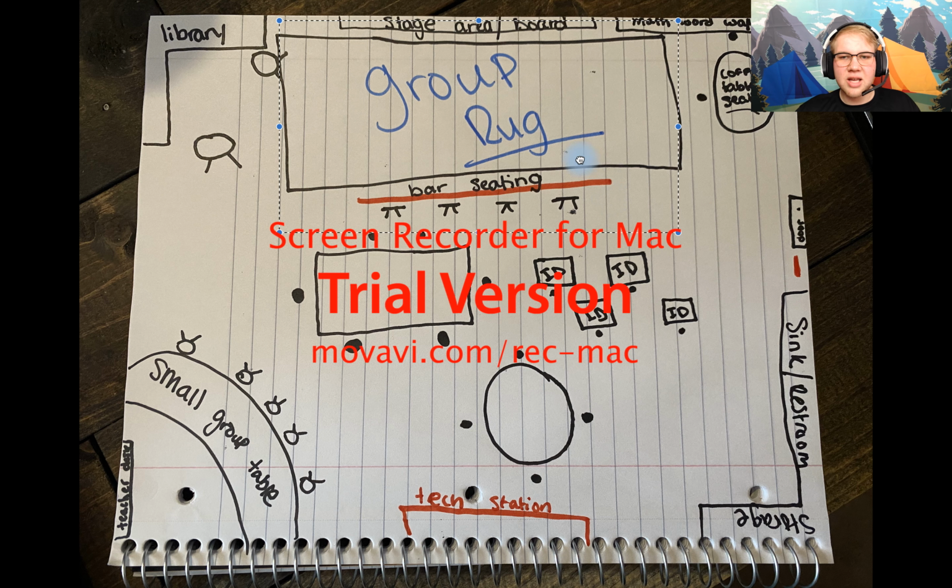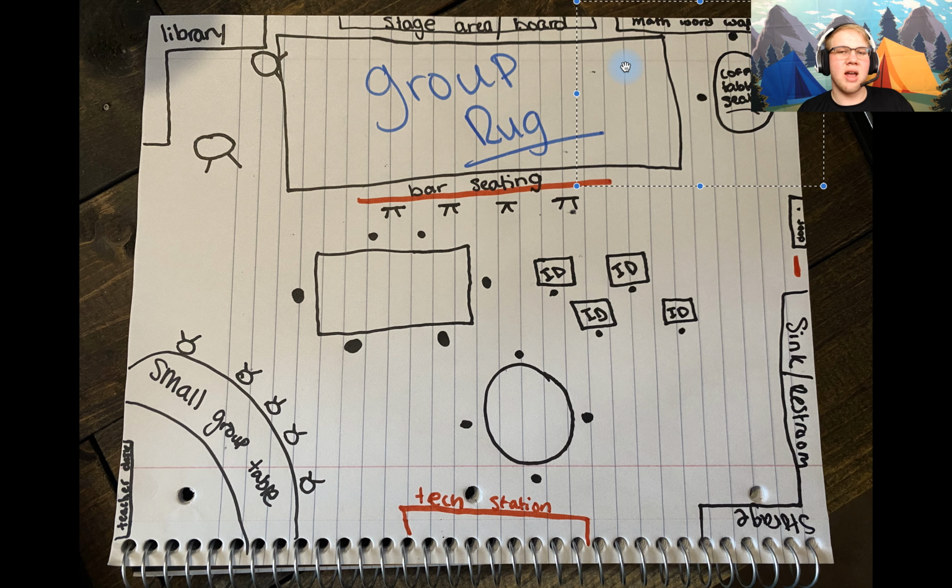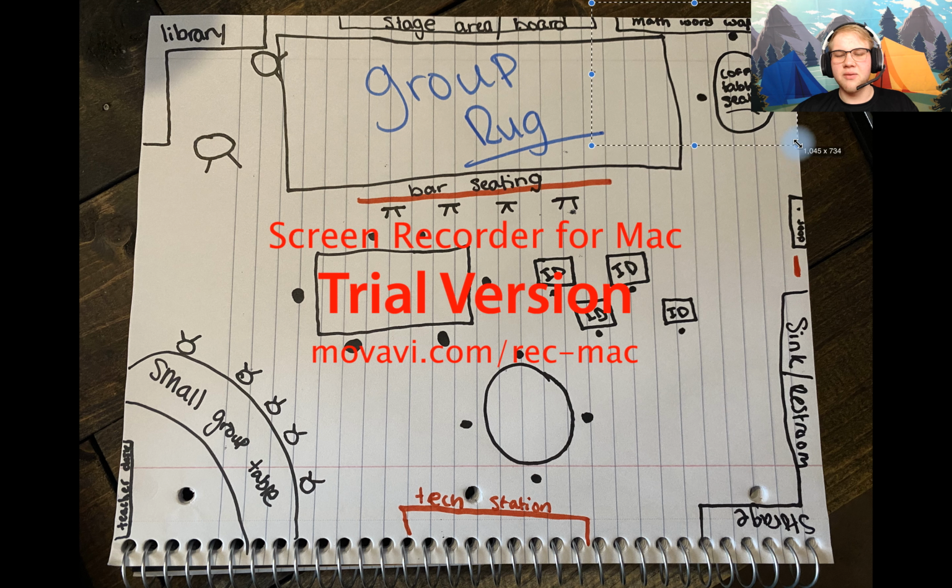Additionally, up in the corner, I'll hop over to this corner and make my box a little smaller. What I have is a math word wall. In the district that I currently work at, they're trying to work towards creating a good math word wall that's explicitly for math concepts, vocabulary, and the academic language that's used.